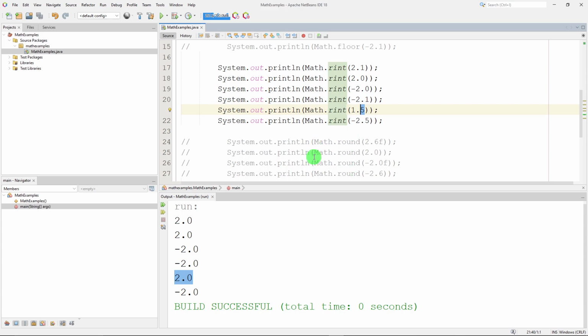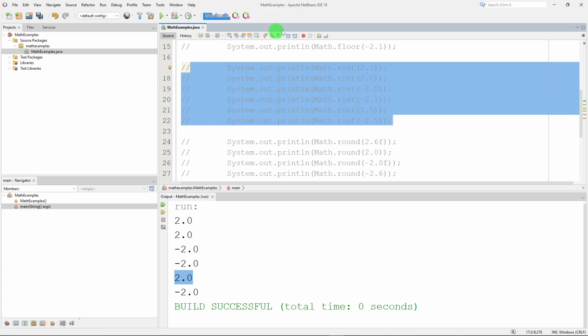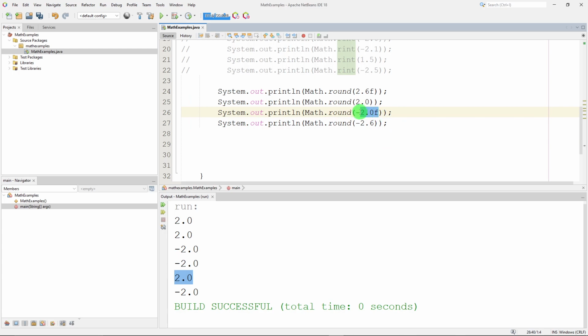All right, down here, we're going to talk about Math.round, which is more traditional. So let's go ahead and take a look at that. And you can see in some of these, we're putting in floating point numbers. And let's take a look at the docs.